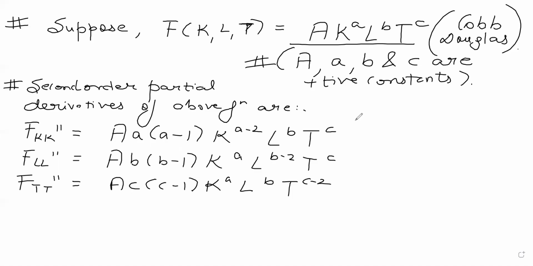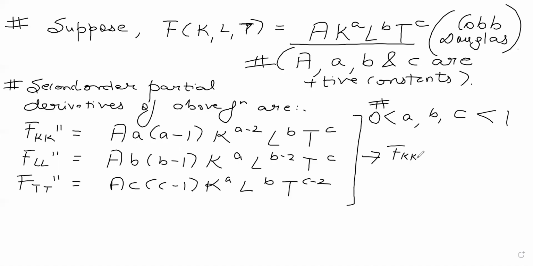Now, assuming that a, b, and c are all less than 1, suppose they lie between 0 and 1, in this case all these will be less than 0. So I can write fkk double dash will be less than 0, FLL double dash will be less than 0, FTT double dash will be less than 0.